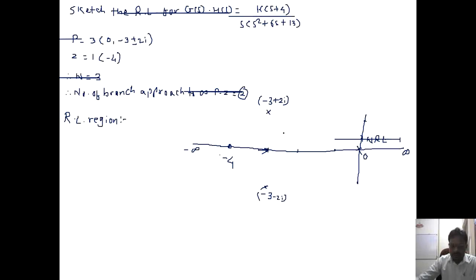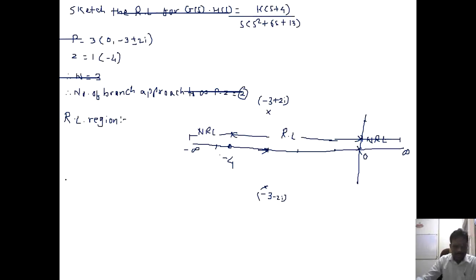One is an odd figure, so this is a root locus region from 0 to minus 4. From minus 4 to minus infinity, again it is a non-root locus region, because on the right-hand side of any point between minus 4 and minus infinity, the number of poles and zeros is 1 and 2, that is 3 in total, which is odd. So this is all about the root locus region.